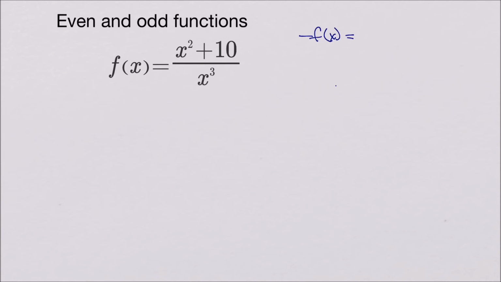So let's look at one other example. Let's look at f of x equals x squared plus 10 divided by x cubed. So like the example before, let's over here just put what we think negative f of x is equal to. So we're going to do negative f of x, and that's equal to negative x squared minus 10 over x cubed.